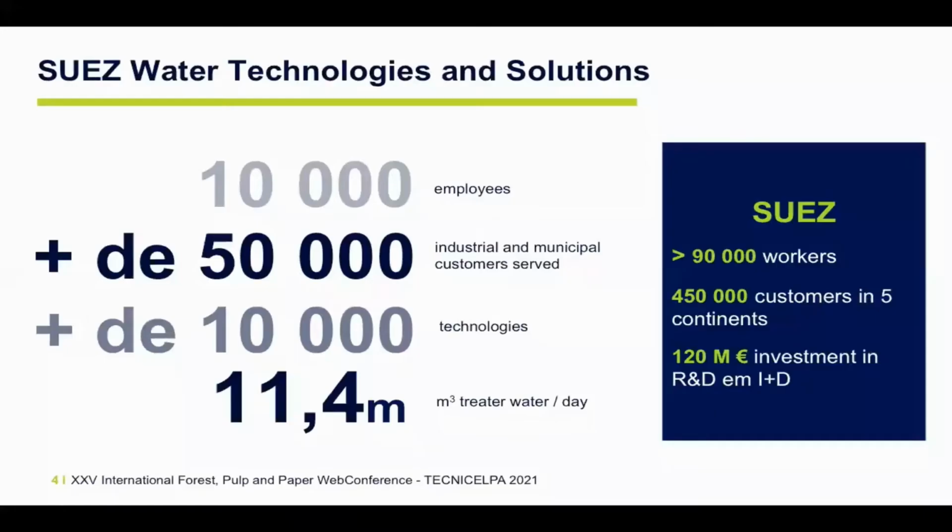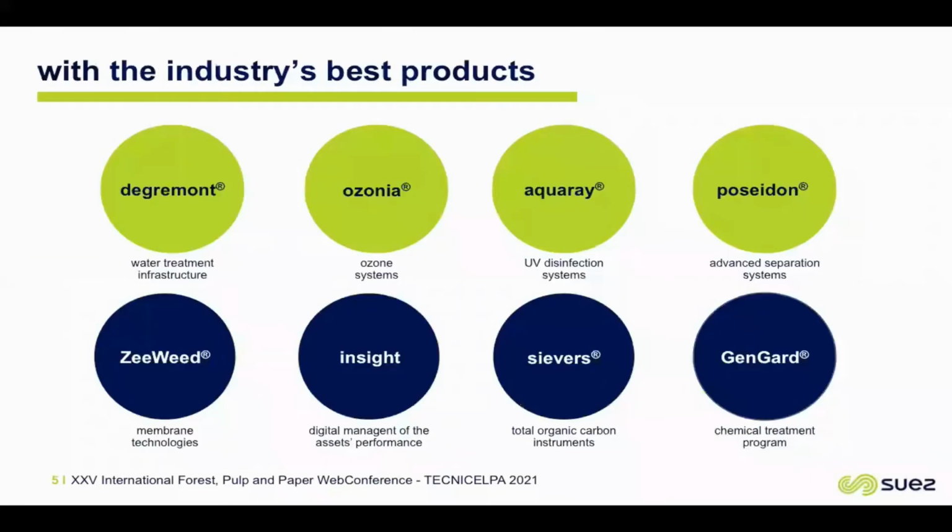So Suez activity. Suez Water Technologies and Solutions is the branch that gathers all the main technologies of the Suez Group for water treatment. We are around 10,000 employees serving both industrial as well as municipal customers. Suez WTS is part of the wider Suez Group, a leading player in environmental services.